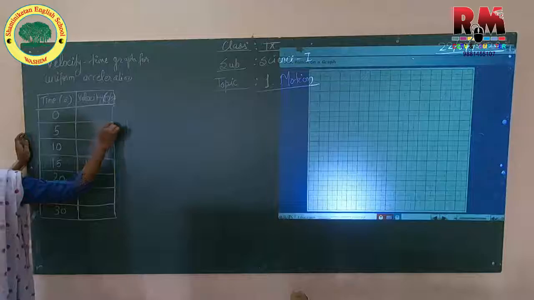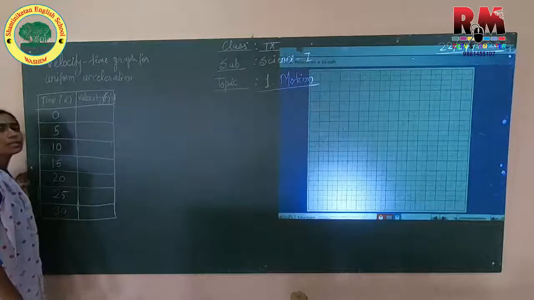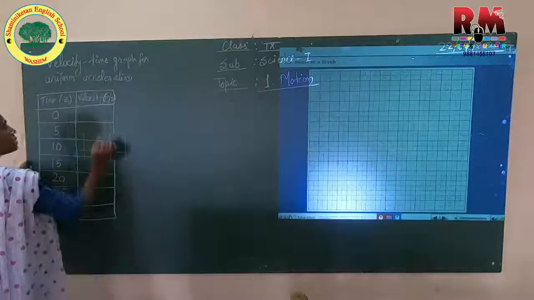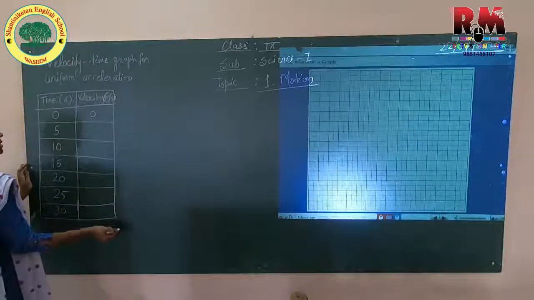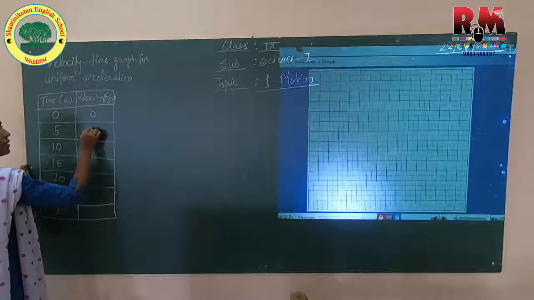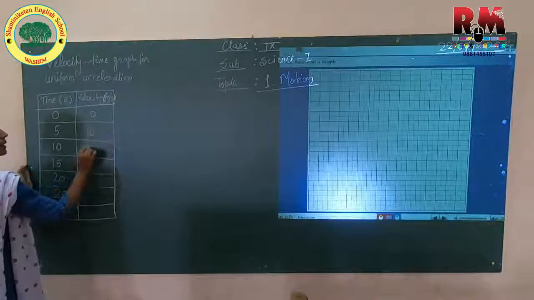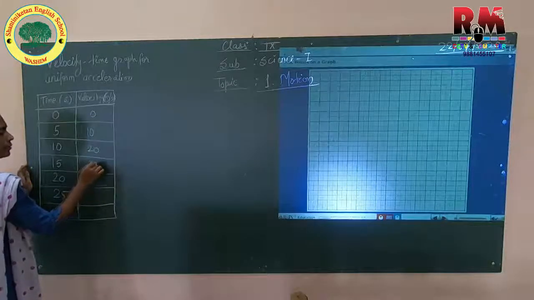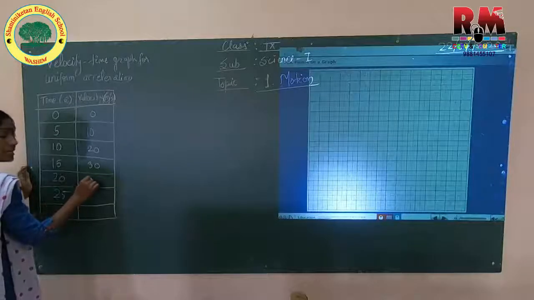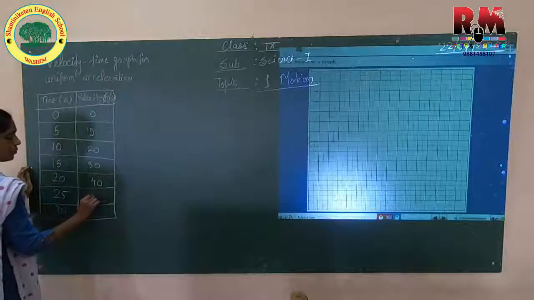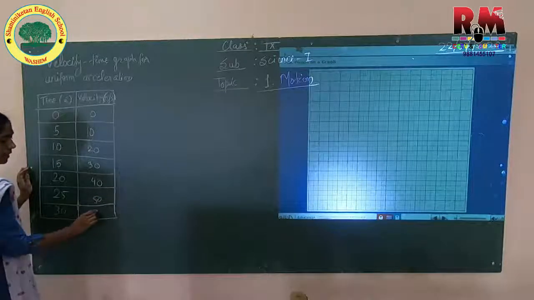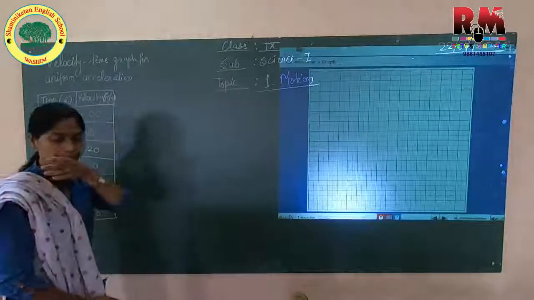The velocity is not uniform but the change is uniform here. How? Its velocity was 0. When it was 5 seconds, then it became 10 meter per second, then at 10 seconds 20 meter per second, then at 15, 30. At 20 seconds, it was 40 meter per second. At 25, it was 50 meter per second, and at 30 seconds, it was 60 meter per second.